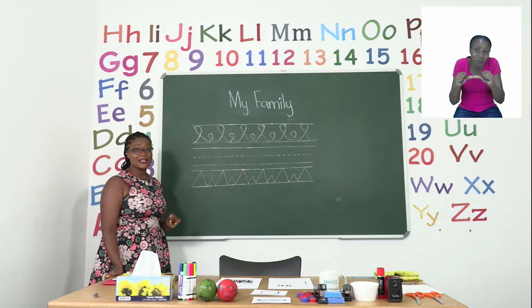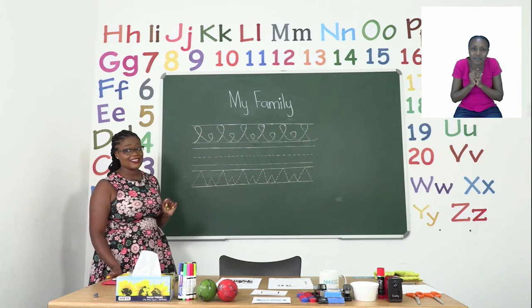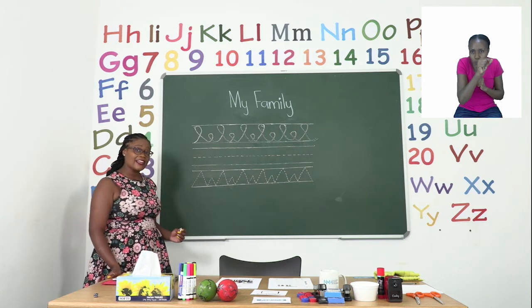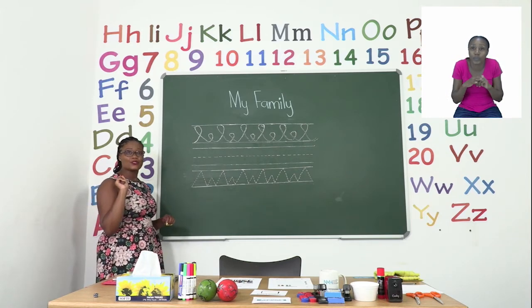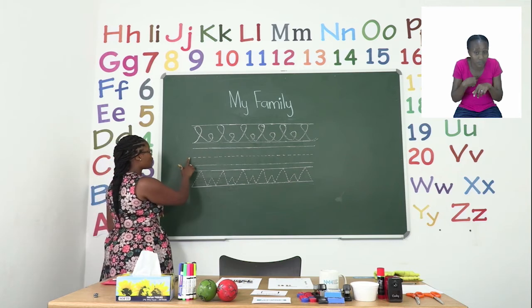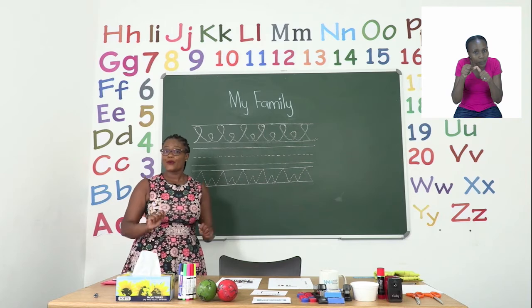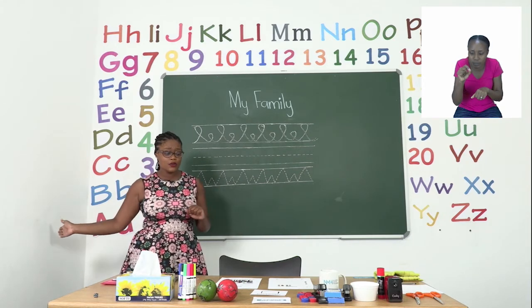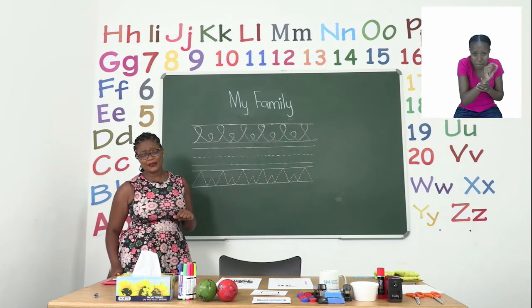Let's take a look at the next one in our exercise. Now the next one in our exercise is a straight line. So I would like you to first take your finger and you're going to trace going across. Remember, don't lift up your pencil. Try hard to take your time because if you rush, it's going to make a big mess.